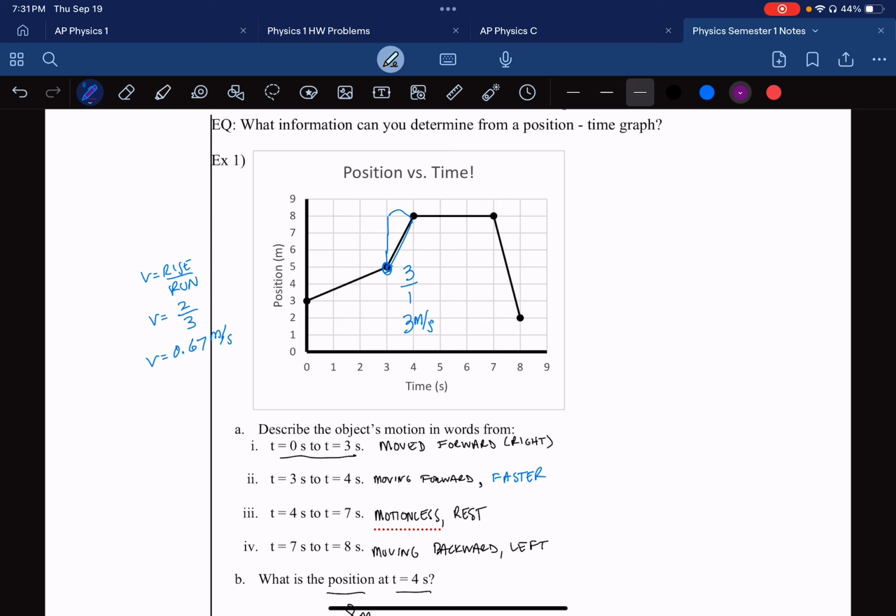If I want to go from this point to this point, we see that all we have to do is do a run, 1, 2, 3, and there is no rise. It does not go up or down. So that's 0 rise over 3, which of course 0 over 3 is just 0. So V equals 0. That is a 0 slope.